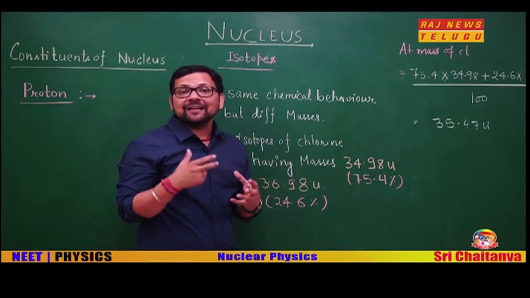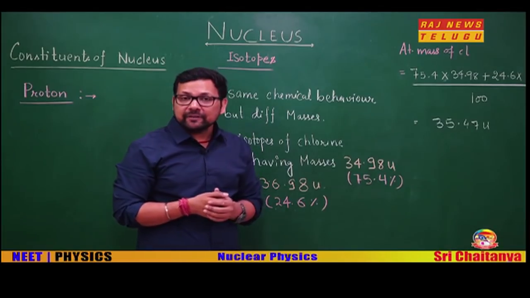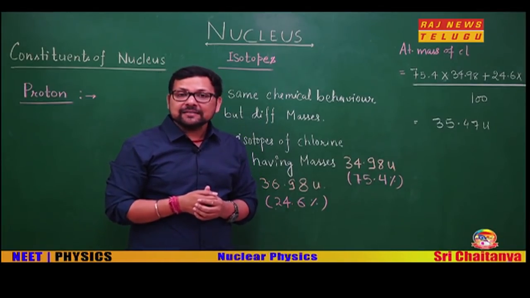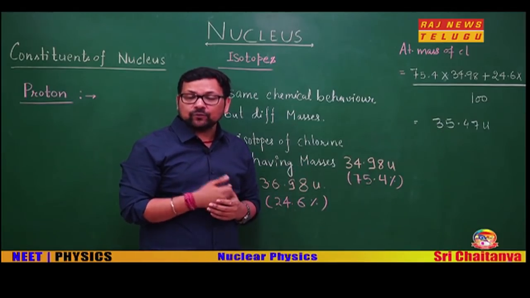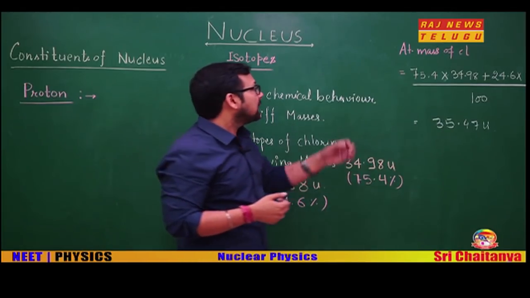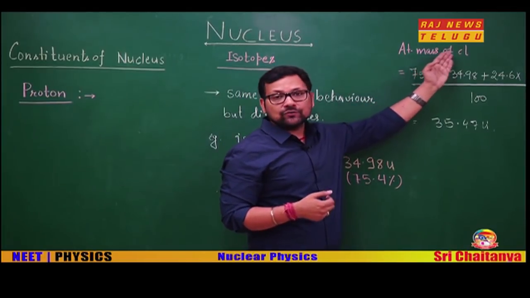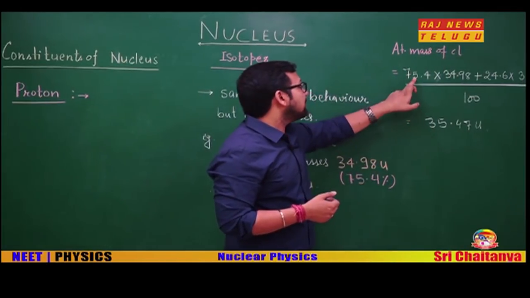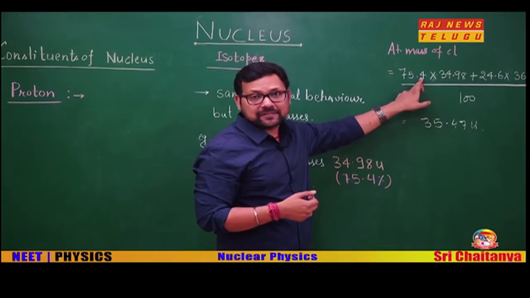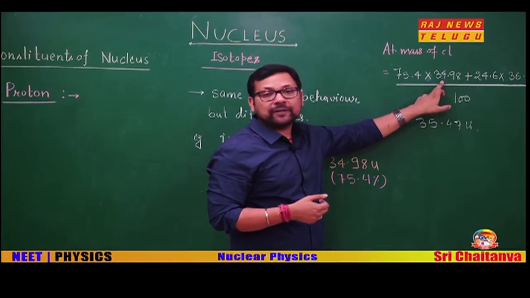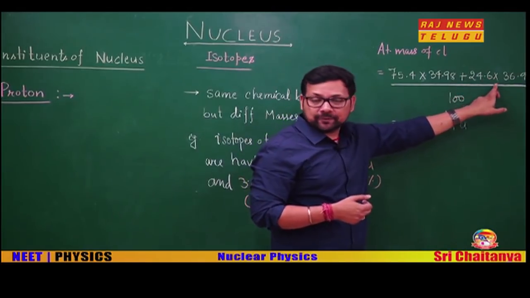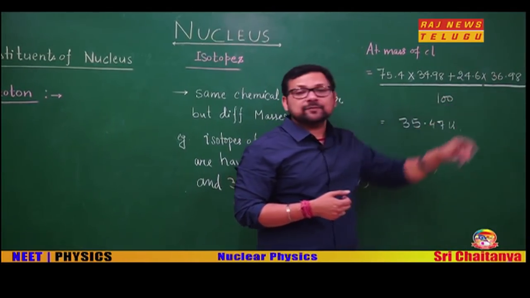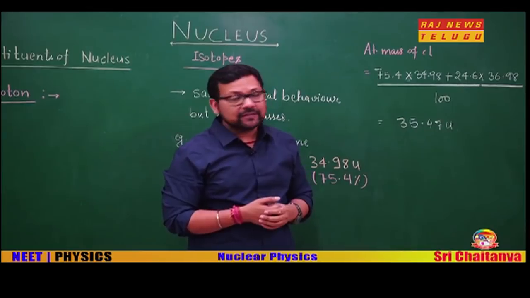So we will calculate the actual atomic mass of chlorine as the weighted average of these two. How to calculate? What is a weighted average? See, the atomic mass of chlorine is 75.4% for 34.98 U and 24.6% for 36.98 atomic mass unit.